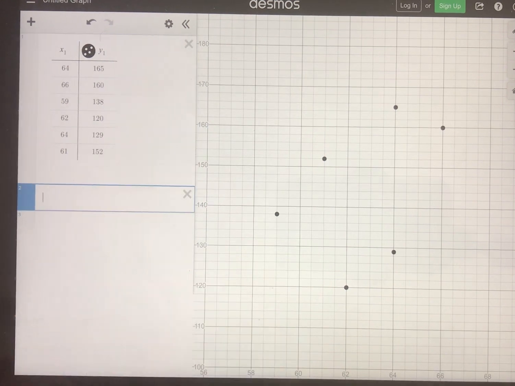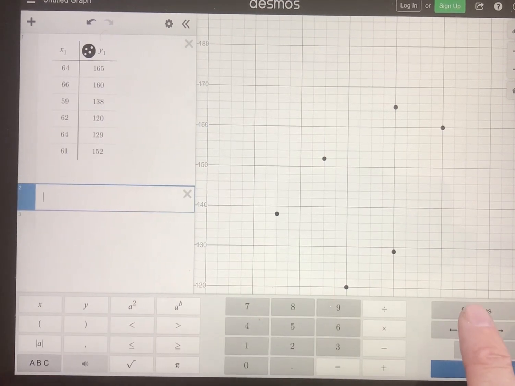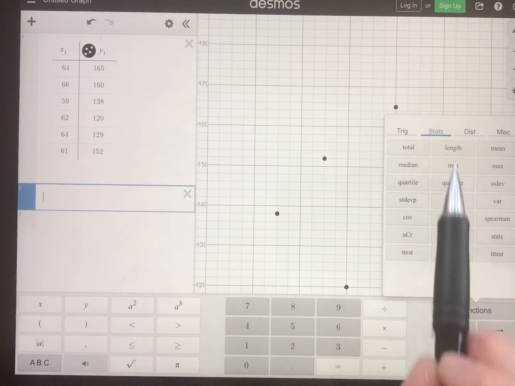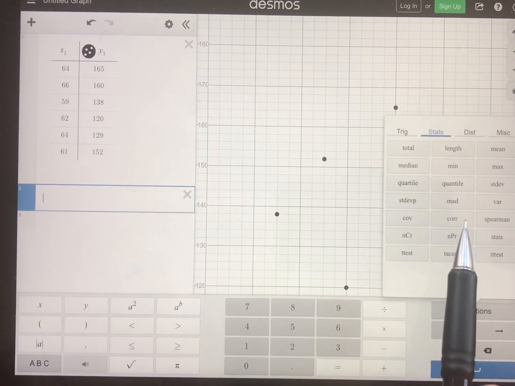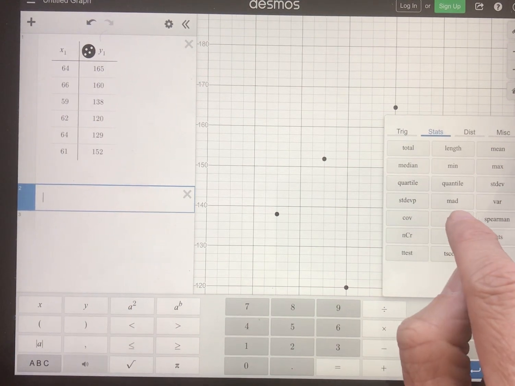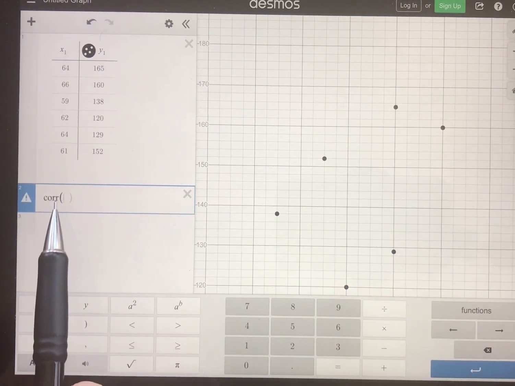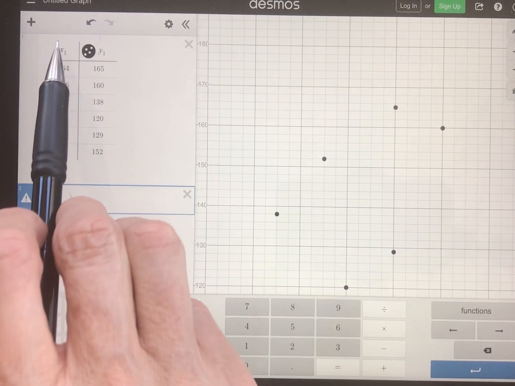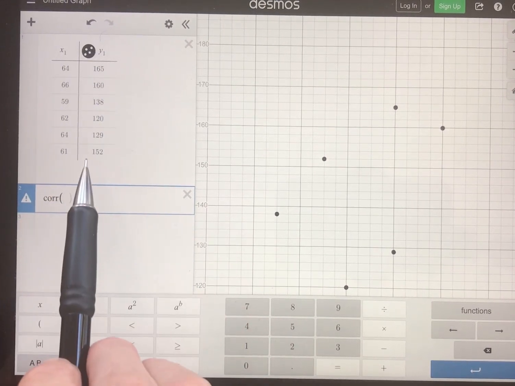So let's go to row 2 here and go to functions, and we'll select the statistics functions. Mine's already selected statistics. And here's the CORR button. So press CORR and it pops up over here. We wanted to find the correlation between the X's and the Y's.